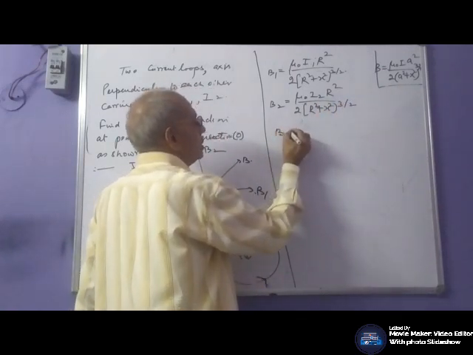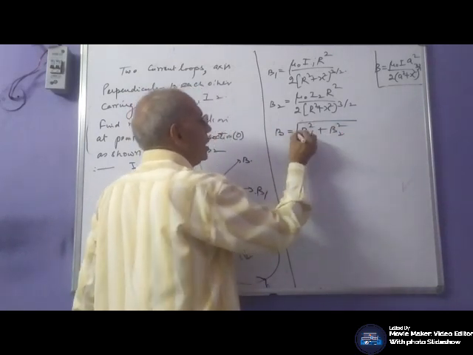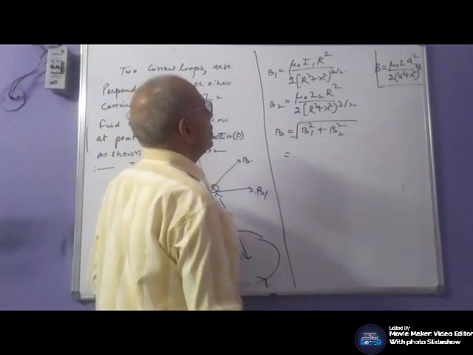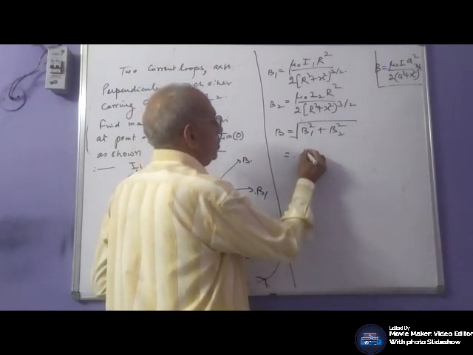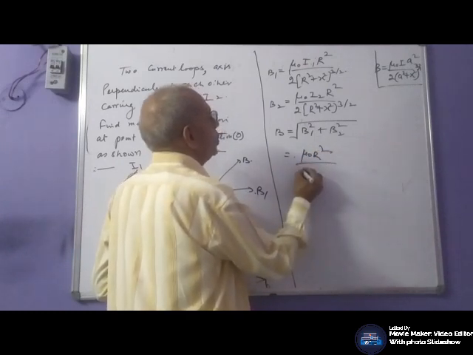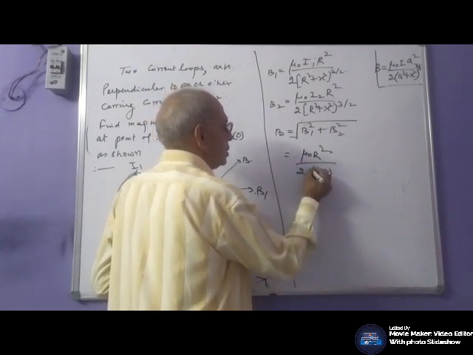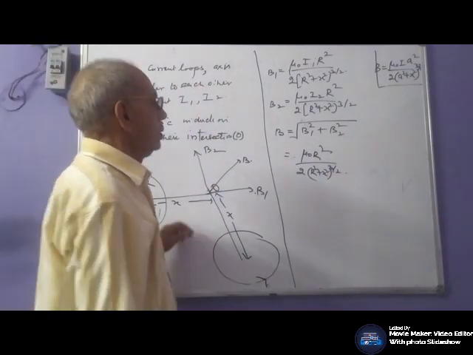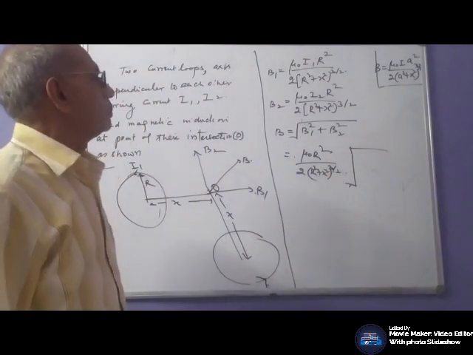But B is what? Root of B1 square plus B2 square, parallelogram law. Mu naught square R square by 2 (R square plus X square) to the 3 by 2, common out.